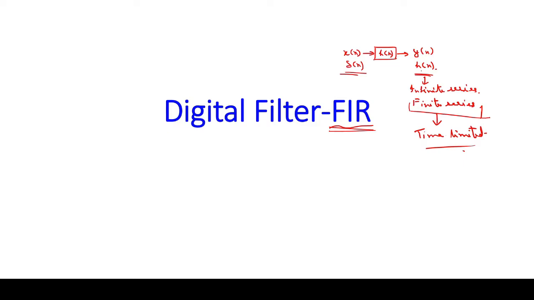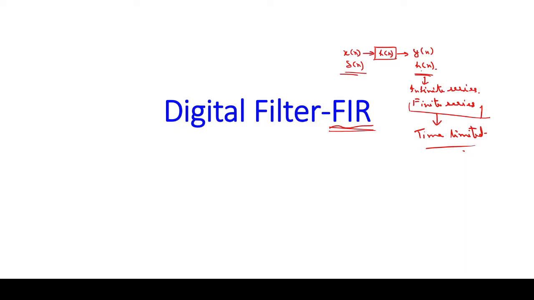Whereas in the infinite series, you will find that we are getting the h(n) values from the system even at time tending to infinity. However, as time progresses, stable systems have amplitudes which tend to zero. Not completely zero, but tending to zero. At time tending to infinity, we will have amplitude values tending to zero.